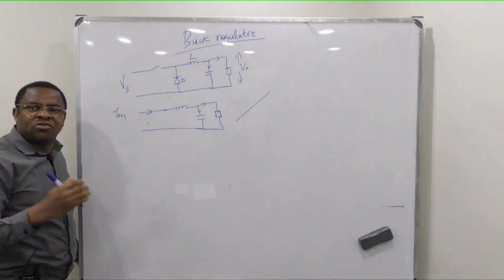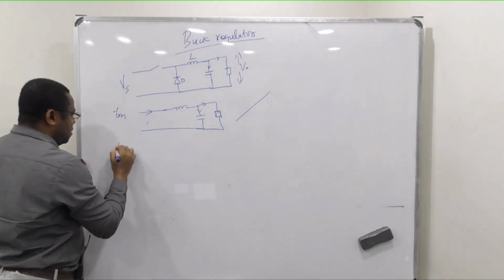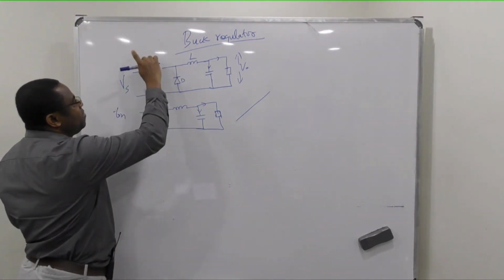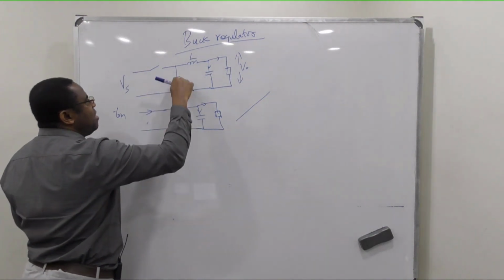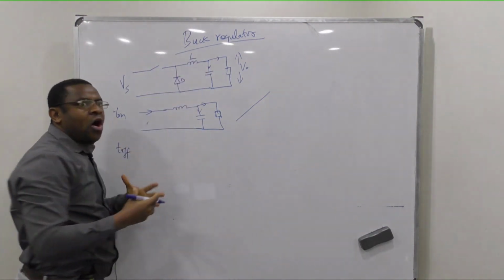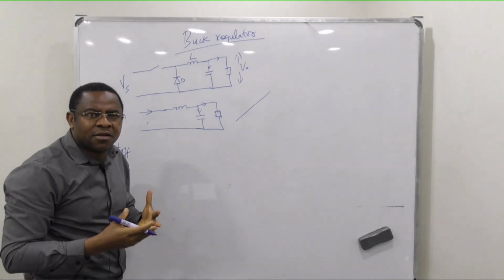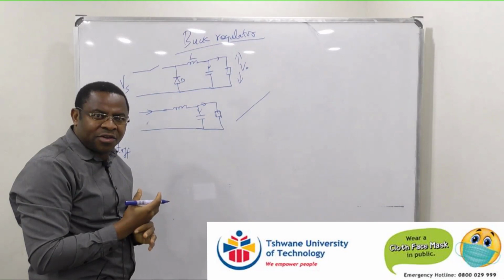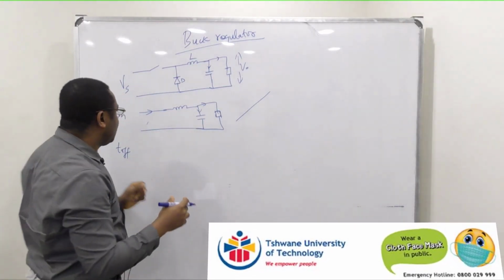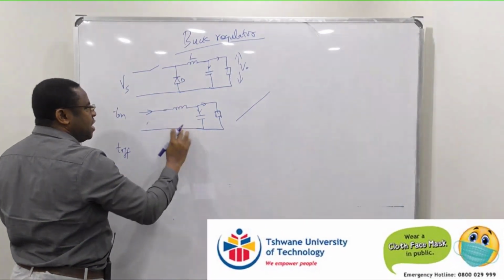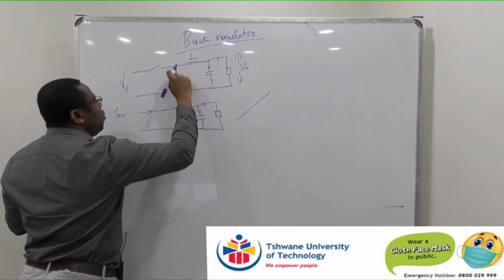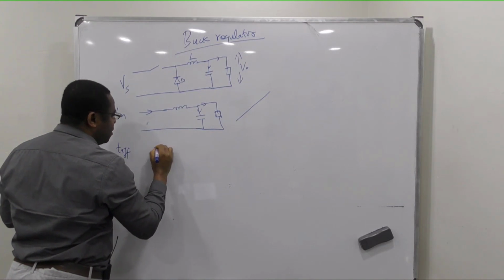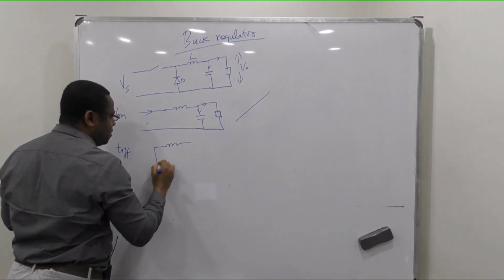Now, immediately you turn it off, in other words, you open the switch. Remember, the inductor has built up current. There is going to be a voltage across that inductor because of the current induced. Now we are going to see only this, because the switch is open.